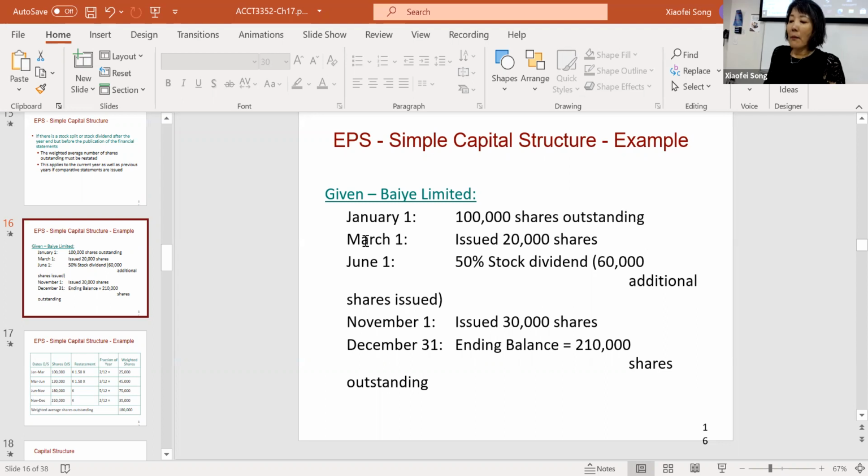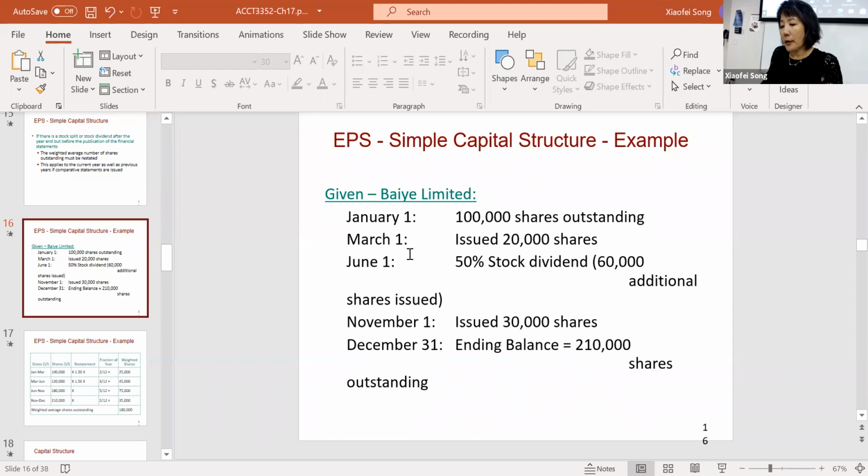And on March 1st, they issued 20,000 shares. So for January and February, that's a 2-month period, the number of shares outstanding is 100,000, right? And the weight for that is 2/12, because that's the fraction of the year.